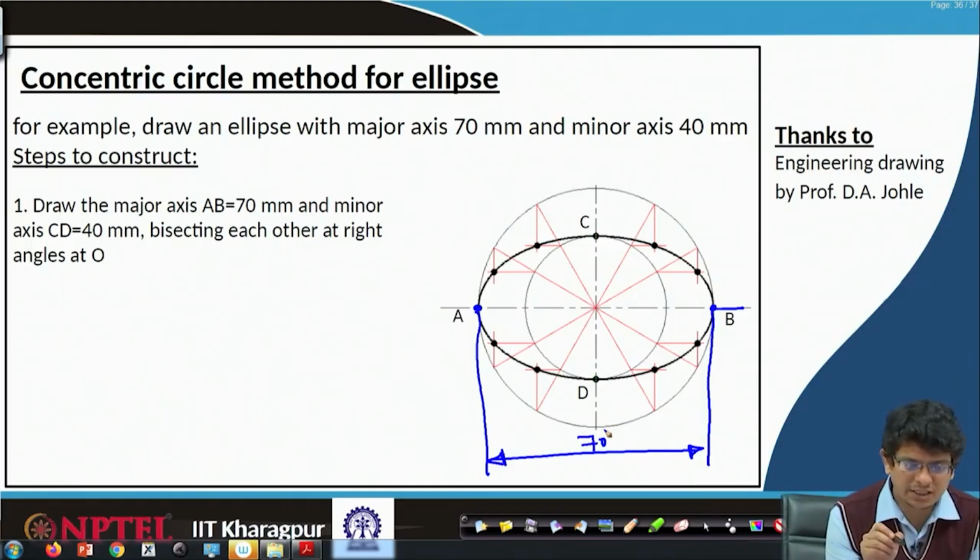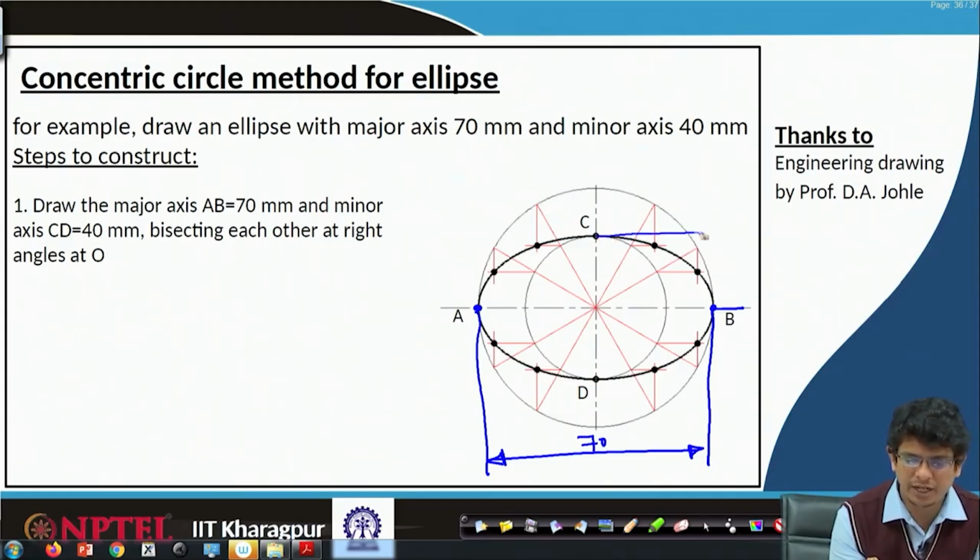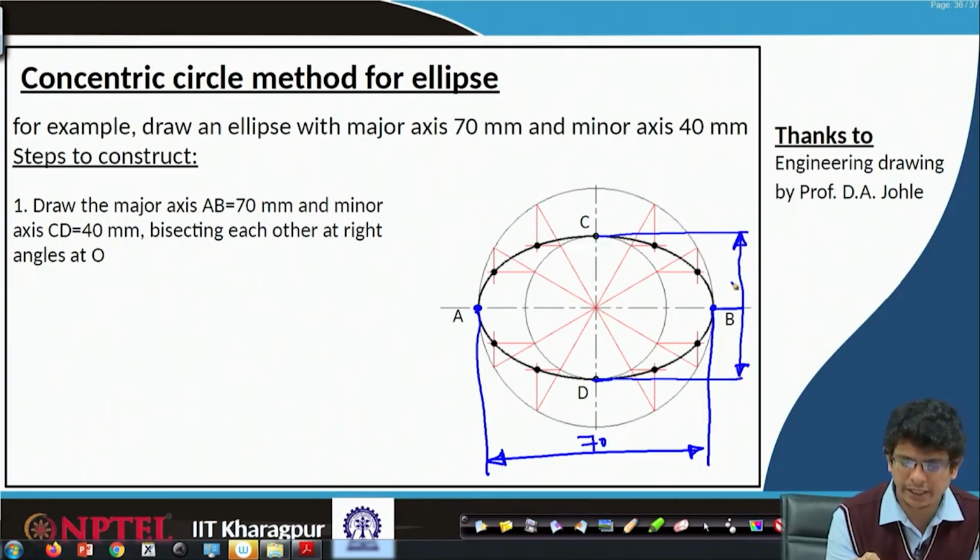And the minor axis for an ellipse is supposed to be 40 mm. That means if we extend these lines, they should not intersect, that is the way one has to draw, and this part is supposed to be 40 mm.